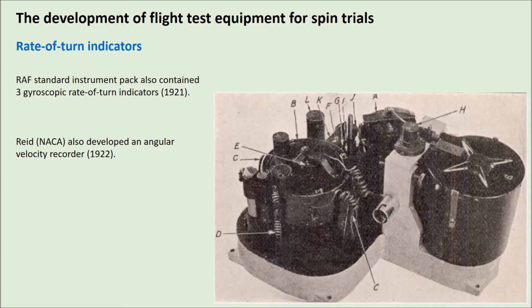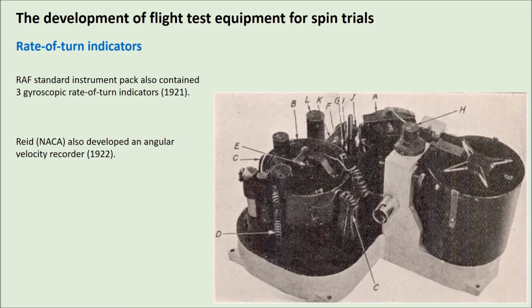There was also a NACA version of this rate of turn indicator. They developed an angular velocity recorder in 1922, and the US were also developing a standard instrument pack for flight tests, which contained the NACA airspeed indicator, accelerometers, the control position recorders that we've just discussed, and this rate of turn indicator. Reed approximated that this particular instrument was accurate to as much as 0.01 radians per second.